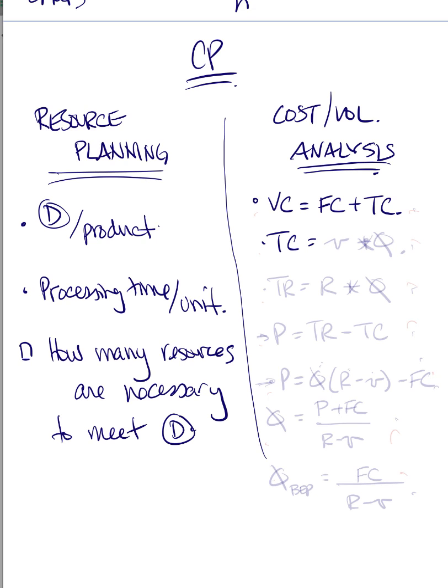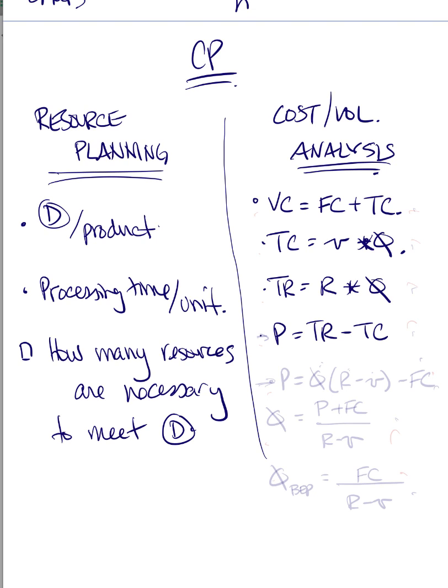You also know that total variable cost equals variable cost per unit times quantity. Also know that total revenue is the revenue times quantity. Do this to keep it standard. And then we also know that profit equals total revenue minus total cost.